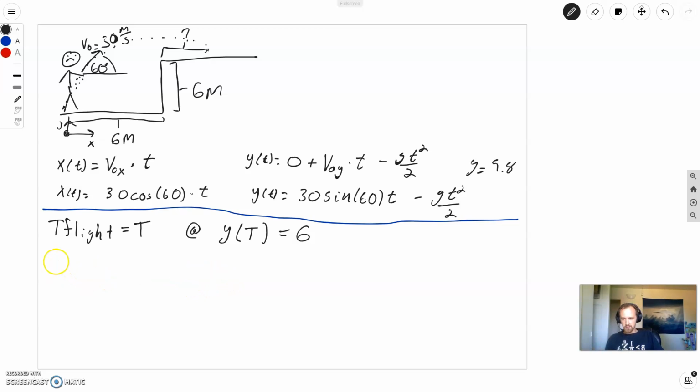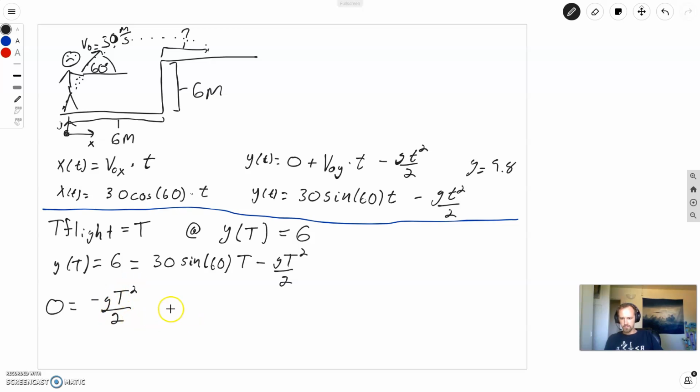So I do y of big T equals 6 equals 30 times the sine of 60 times big T minus gt squared over 2. Moving everything over to one side, I'll get 0 equals negative gt squared over 2.